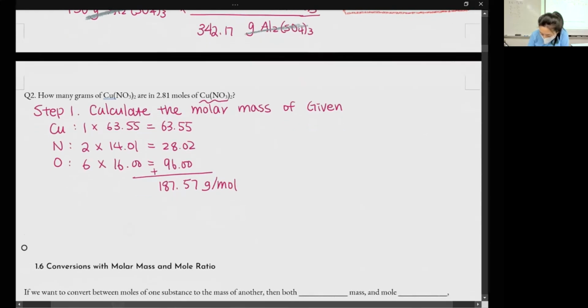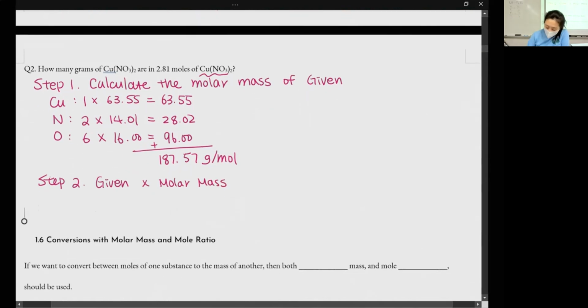And step 2, what you will do is multiply the given by your molar mass. That is done by this process where you have 2.81 moles of Cu(NO3)2 times, we're always going to bring the unit on the bottom, so mole of Cu(NO3)2.